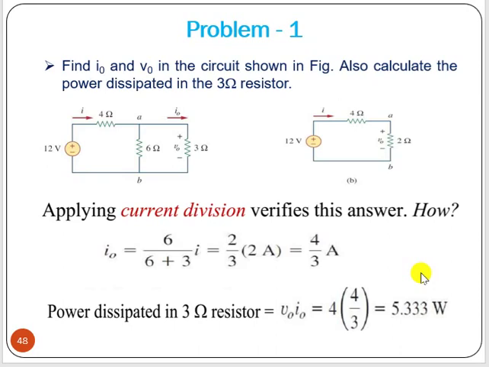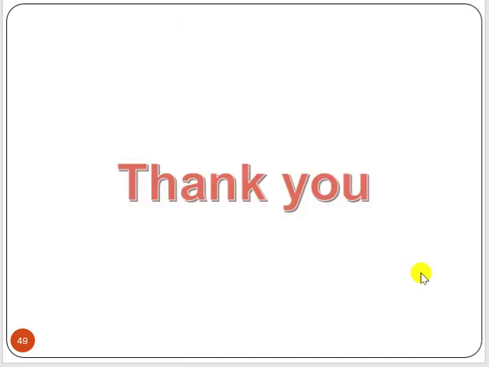In the next lecture, we are going to study a technique called nodal analysis to find the current and voltage drop across any element, in detail, and other techniques where we have to apply the concepts of Ohm's law, KCL, KVL, current divider rule, and voltage divider rule.